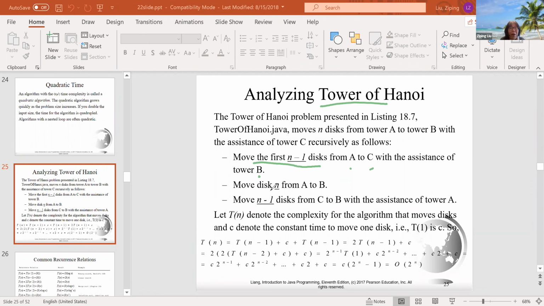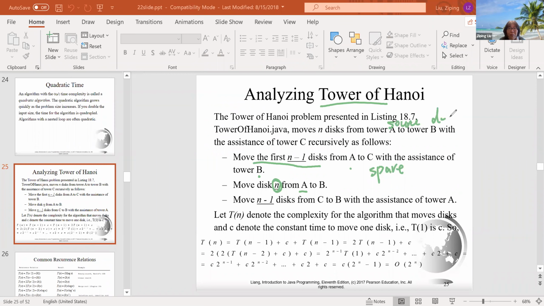Assuming that is already moved, then you move the largest one. So this is the spare one, because this is the source.